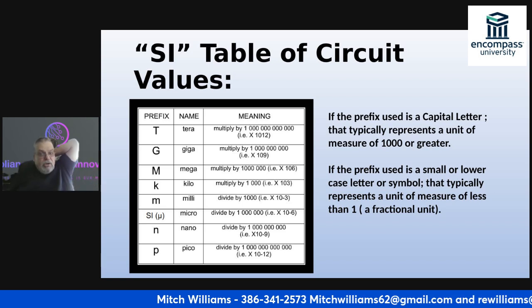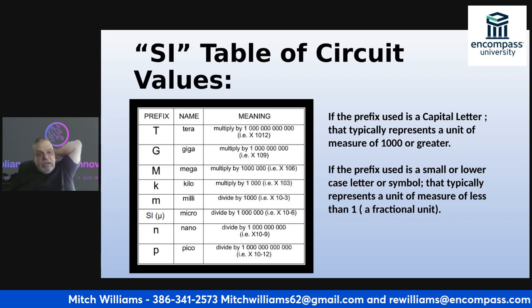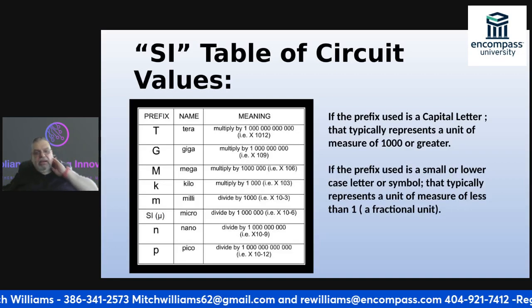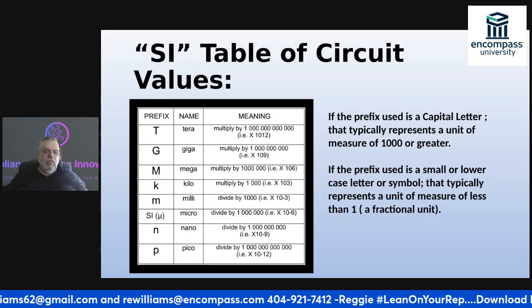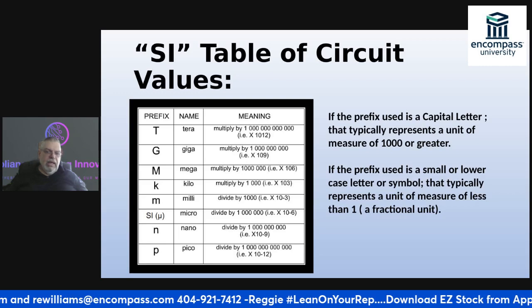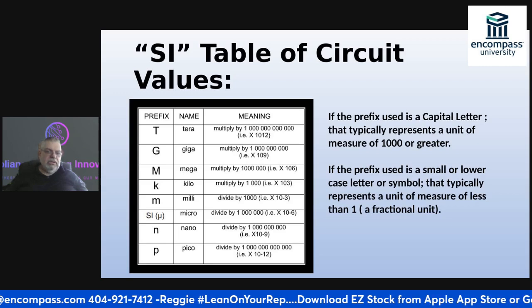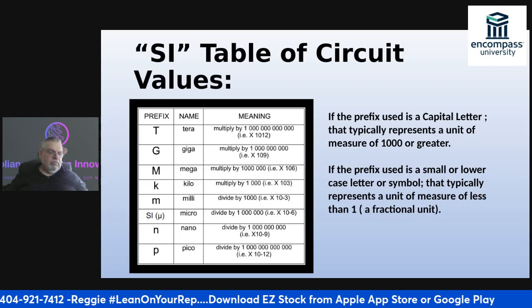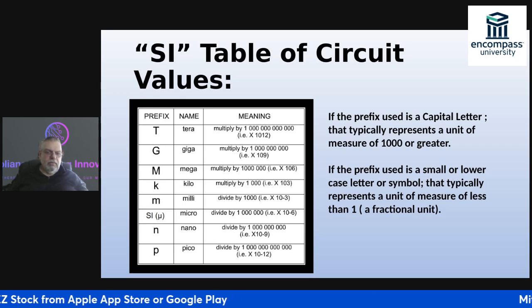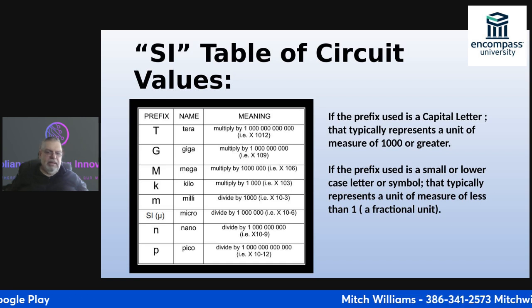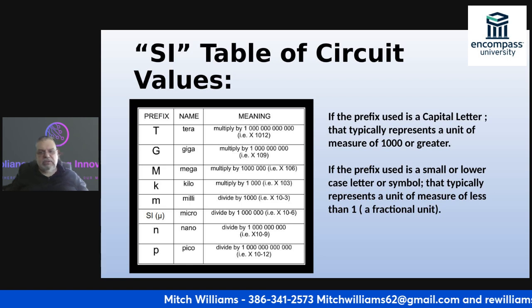If you look at microfarads, you divide by 1 million, so that would be 10 to the minus 6th power. If I have a nano, I'm going to divide by a billion, and that would be 10 to the minus 9th power. So let's remember that.